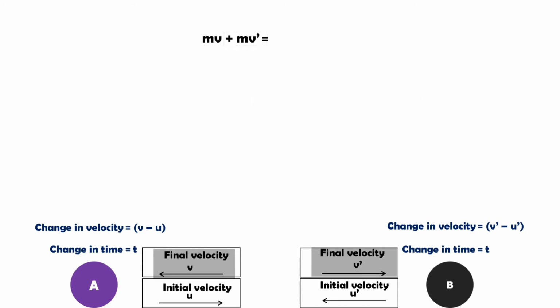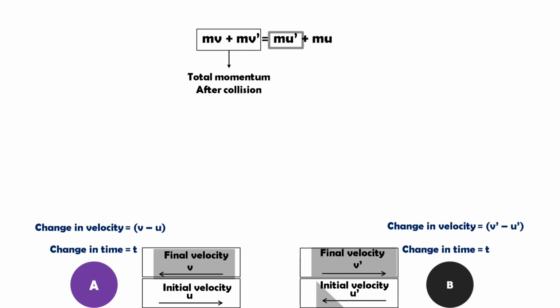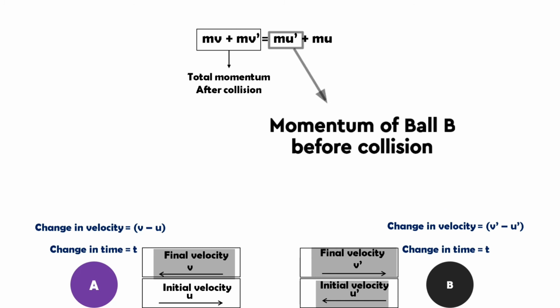Now if we add these two, we will get the total momentum after the collision. On the right hand side, in the first term we have u dash, that is the initial velocity of ball B. So we can write m u dash as the momentum of ball B before the collision.